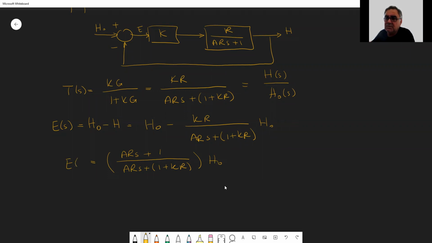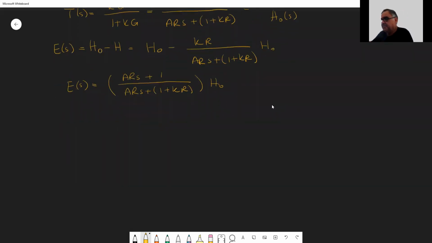I have to go rather quickly because I don't have too much time here. Now let H0 be equal to 1 over s, the unit step input. We suddenly increase the desired value of the height, let's say. Okay. So E(s) is going to be this.